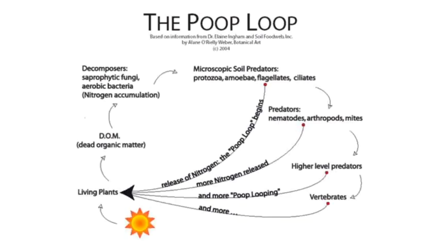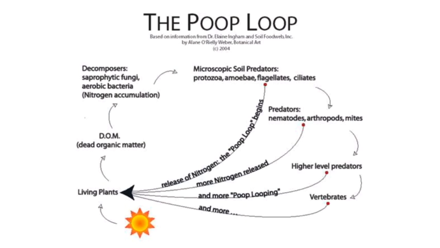All ingested or digested or decomposed materials are eventually recycled back into their basic nutrients through the poop loop of life. And when we look at the left side there, living plants decompose into dead organic material. They get decomposed by the bacteria, the fungi, and in the process, nitrogen from those materials is accumulated in the body of those microorganisms.